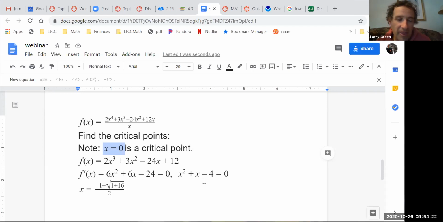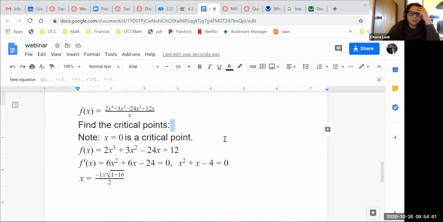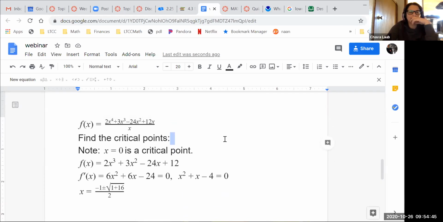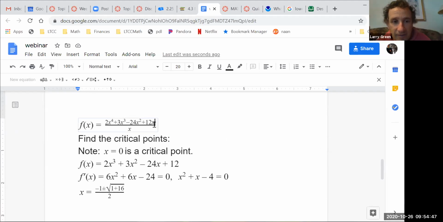Those are the things that you're most interested in. Any questions at all on the idea of finding critical points, the 3-step process? Why is x equals 0 a critical point, right from the front, before we did the steps? Because if we look at the original function, what happens if x is equal to 0?